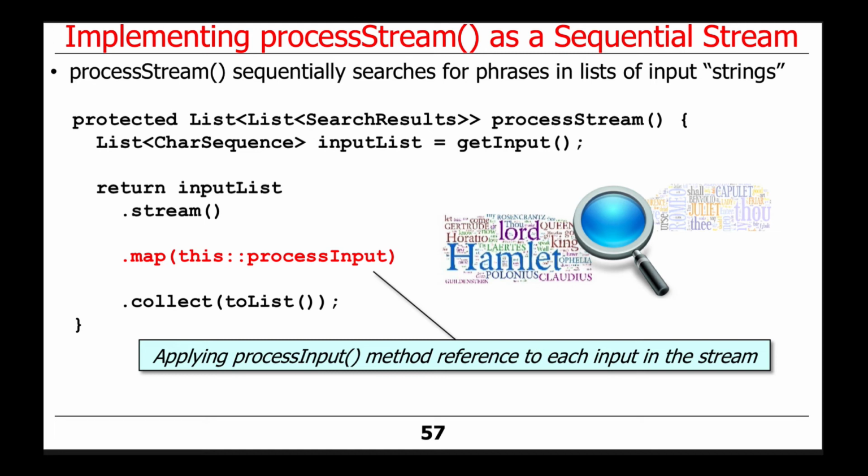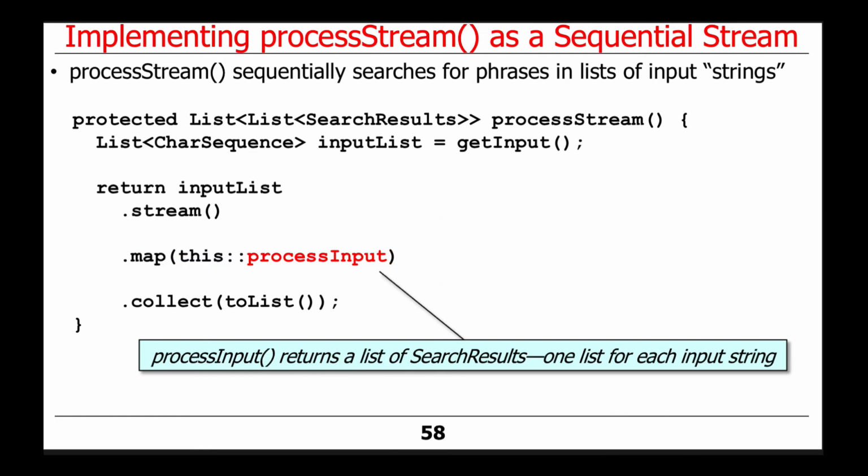We then call the map aggregate operation, passing in the process input behavior. We'll look at process input in just a second. And what that's going to do is it's going to search everything in that input string, trying to find all the phrases. And process input returns a list of search results, one list for each input string.